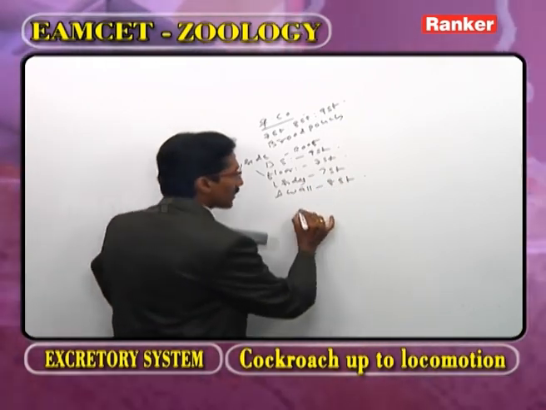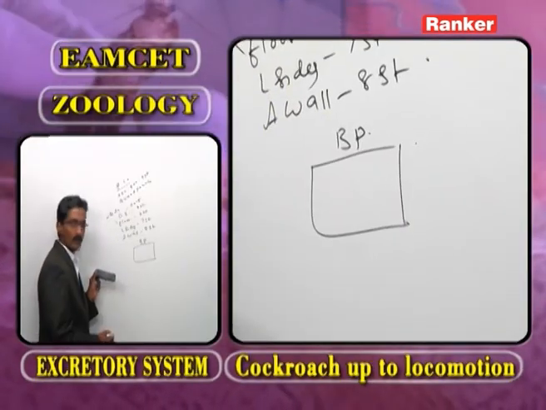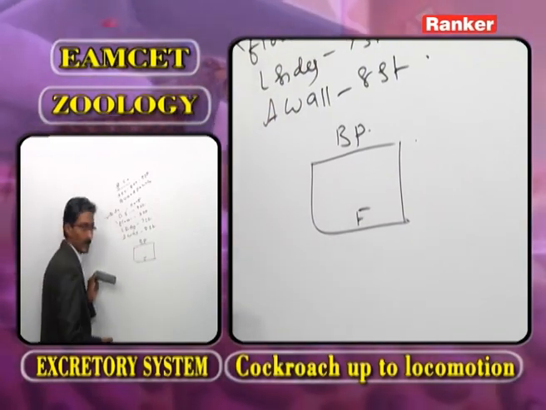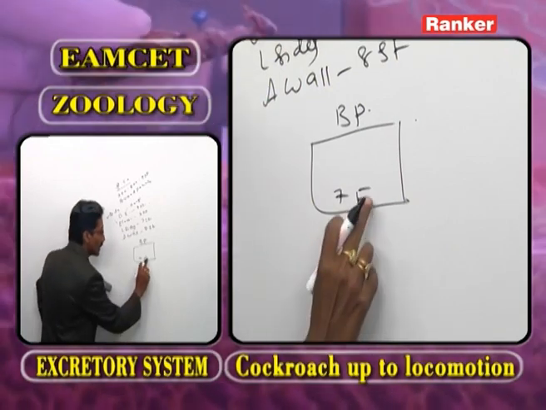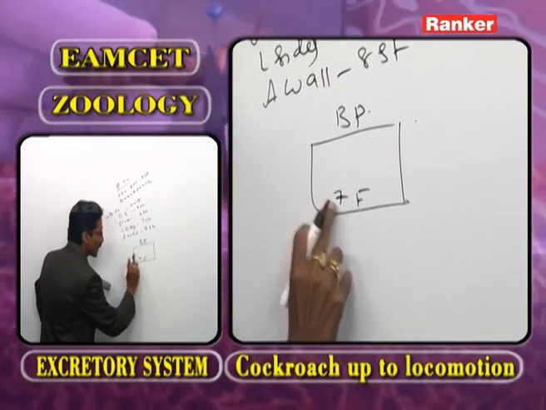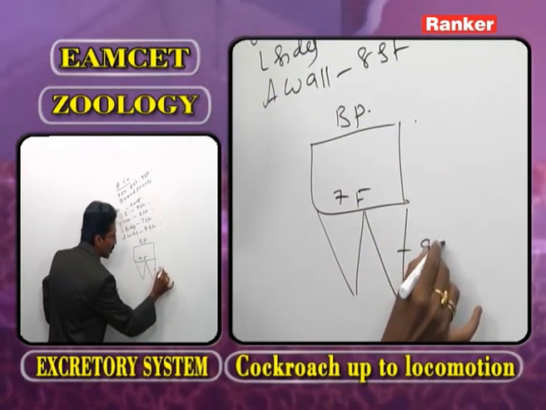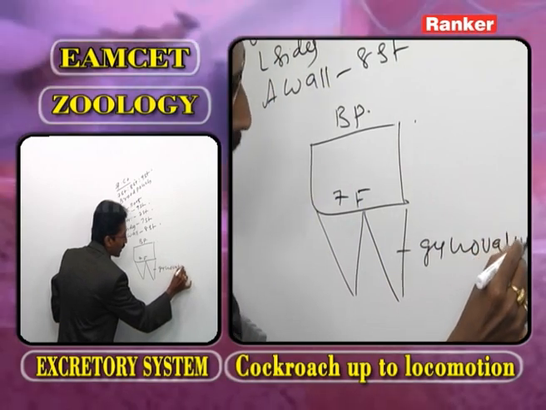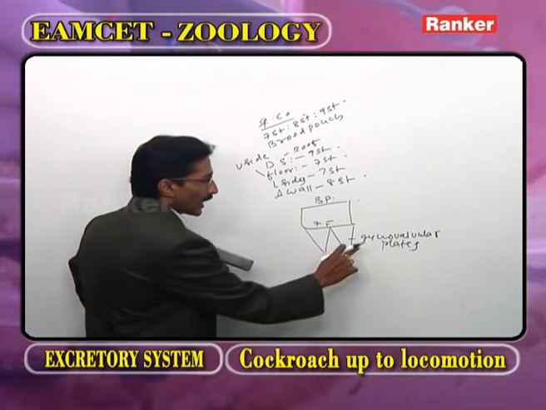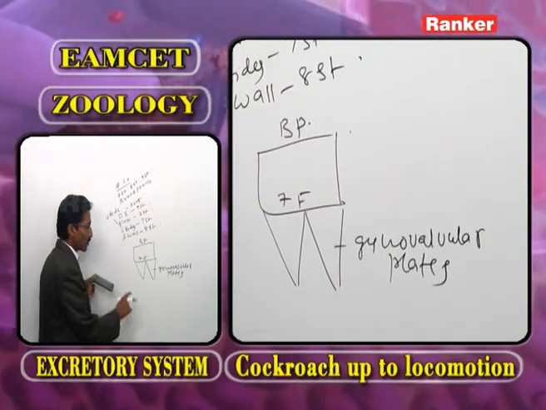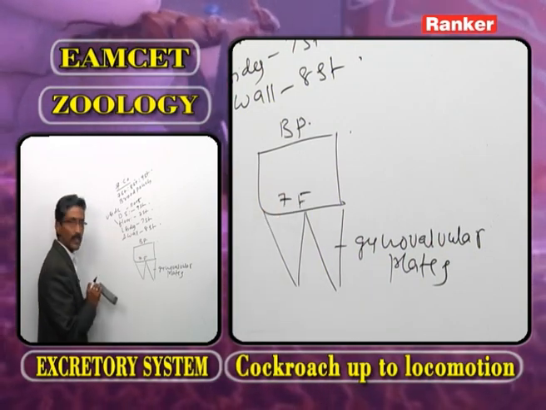Now, I am drawing the diagram. Now, this is the brood pouch. Now, this is the floor. The floor is made by 7th sternal plate. Now, from the floor, the 7th sternal plate gives rise to gynovalvular plates. Gynovalvular plates are produced by the 7th sternal plate present on the floor.